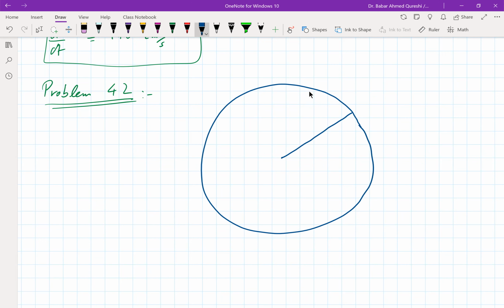It has a radius 10 meters, is rotating at a rate of 1 revolution every 2 minutes.